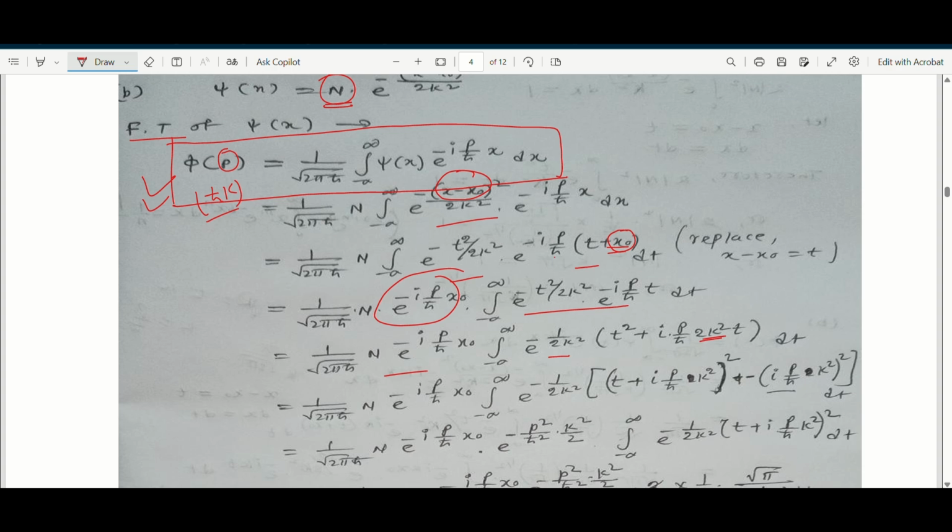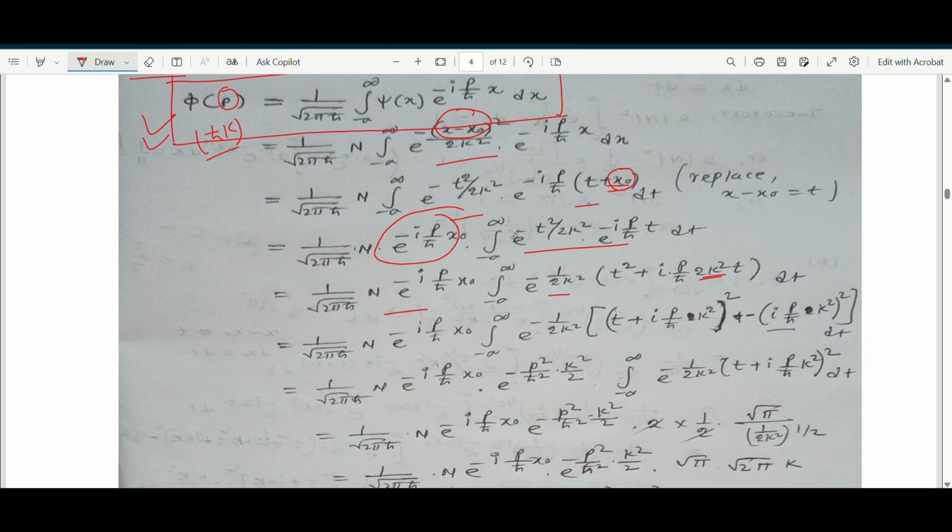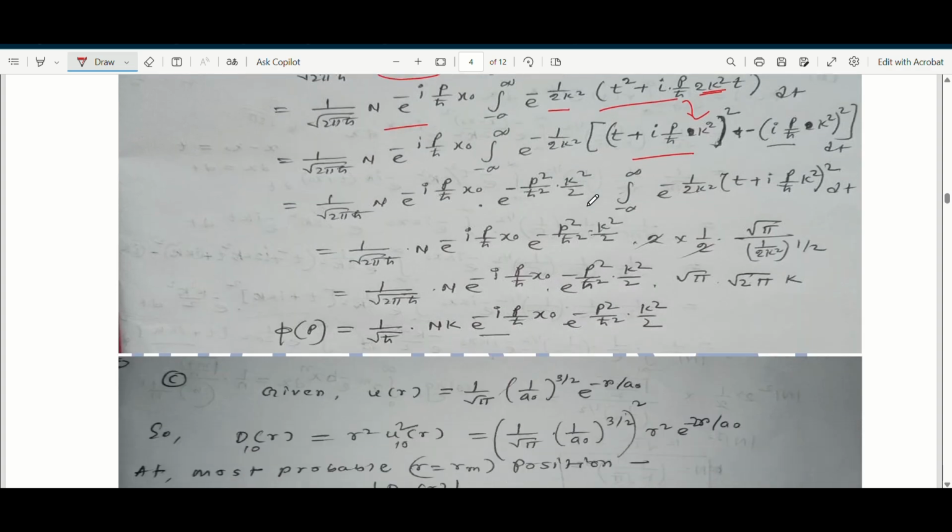After that we rewrite these things in square format, and subtract this term since this term is not included here. After that the same formula we can use here as the gamma function. Since it is a gamma function, we get this result ultimately. So φ of p, that is the Fourier transform of ψ of x, will be this.